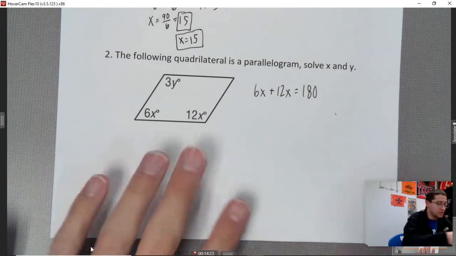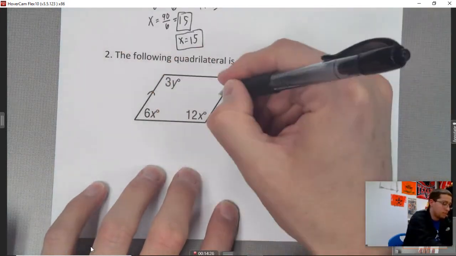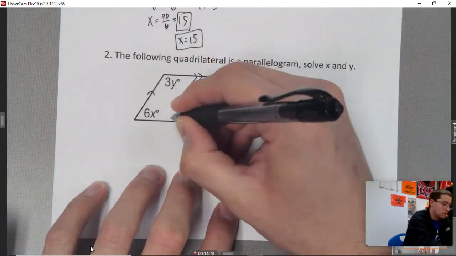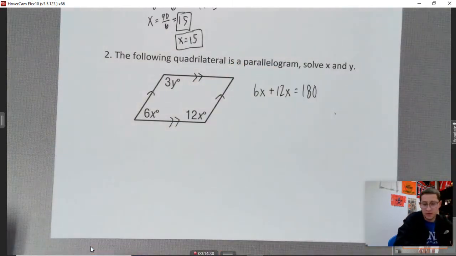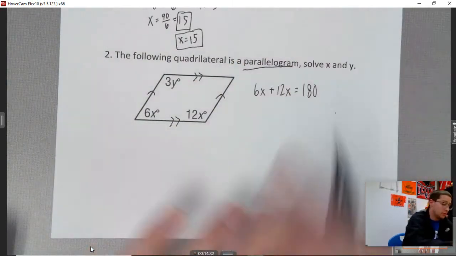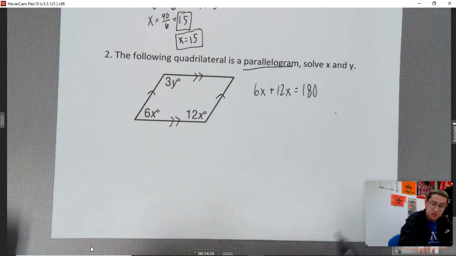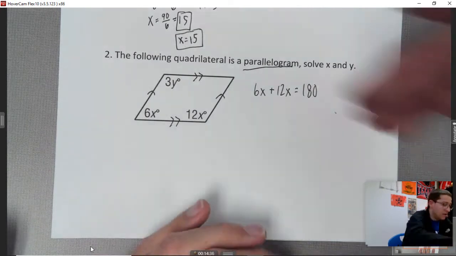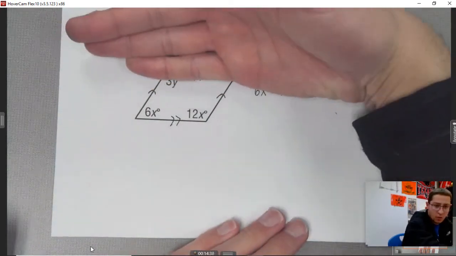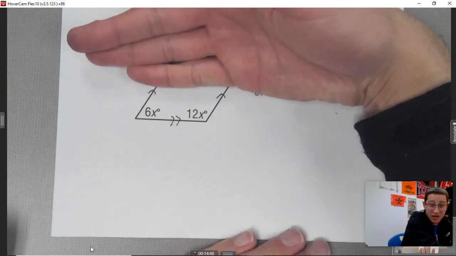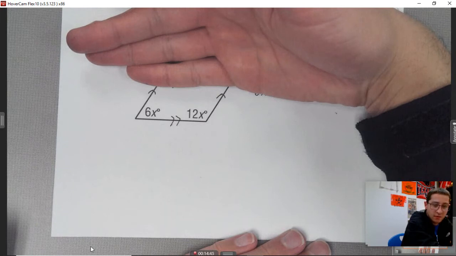Now, I do want to mention here, let's label my sides as parallel, because we know that it's a parallelogram. This should remind you of something. A while back in our class, we went over parallel lines and transversals. You should see a little bit of a pattern, a connection.